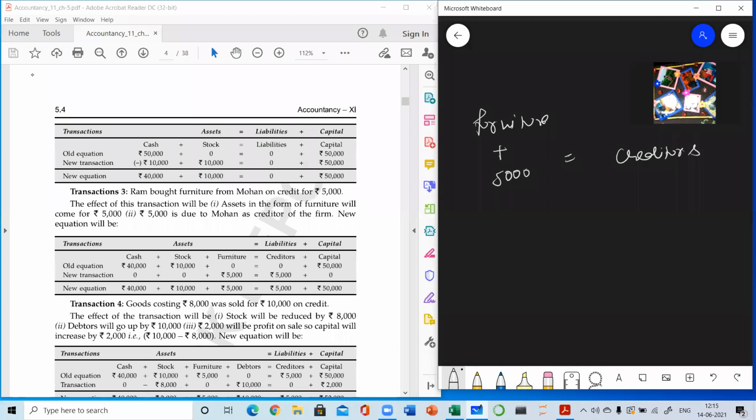We will not write simply creditors because simply creditors means the creditors for goods. Here we are not purchasing goods, we have purchased assets. So we need to mention creditors for furniture. It will be increased by 5,000. So both sided effect will be there. Very good. I hope the topic is clear.